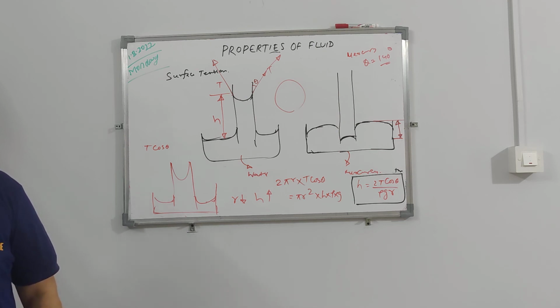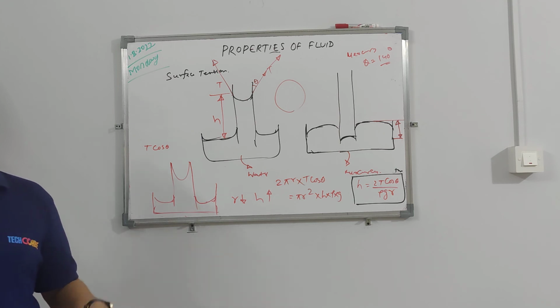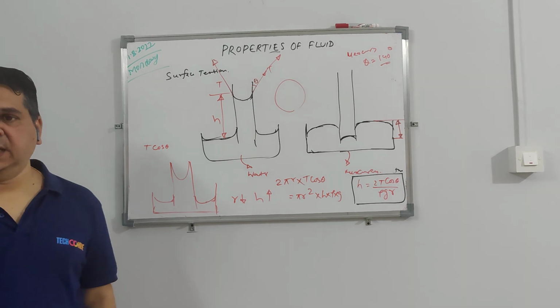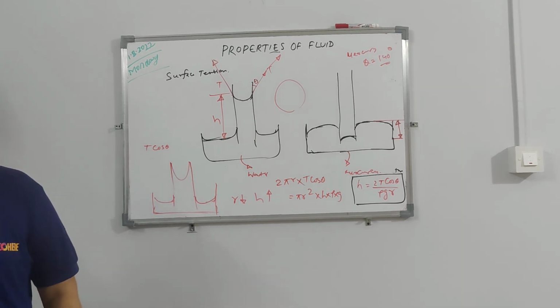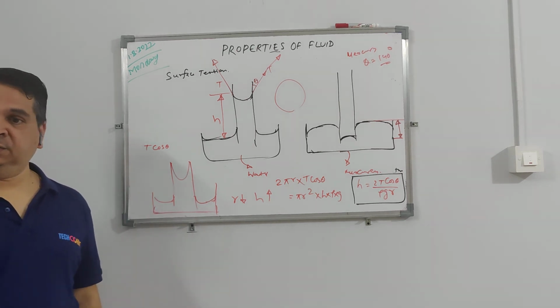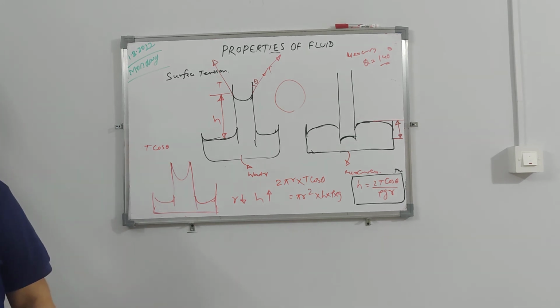Then the liquid drop is spherical in nature because of the cohesion. Washing with hot water is more effective than washing with cold water, because surface tension decreases. That's why you clean baby clothing with hot water, so that it will disinfect.